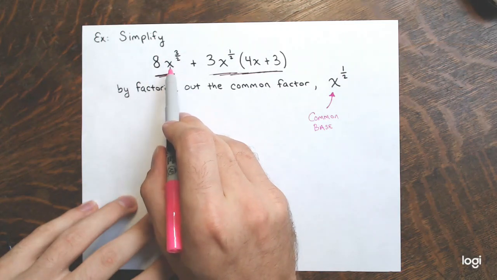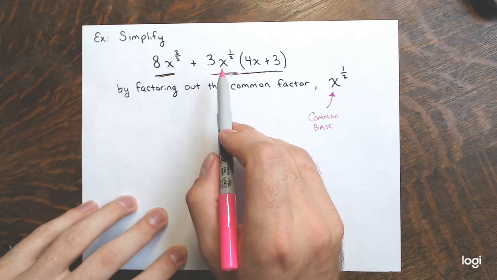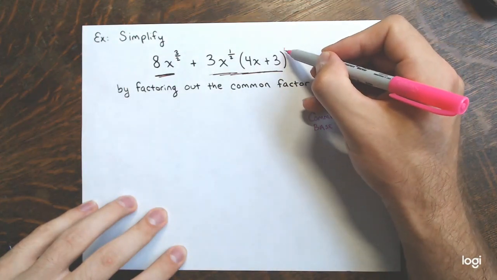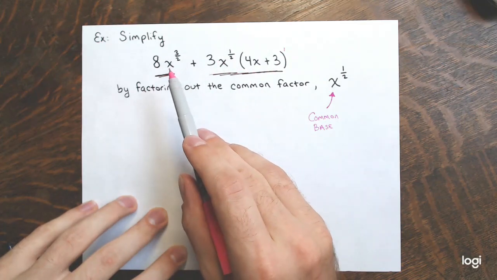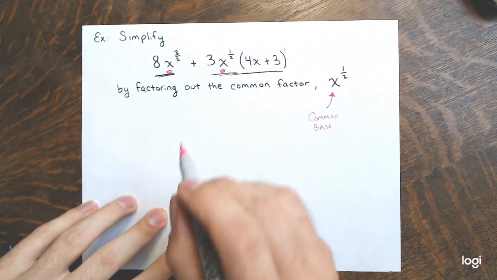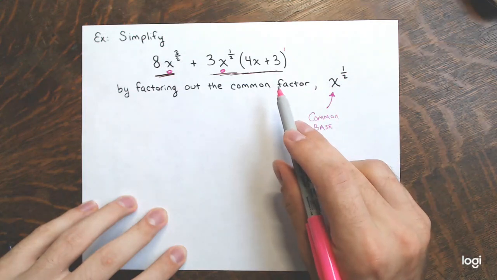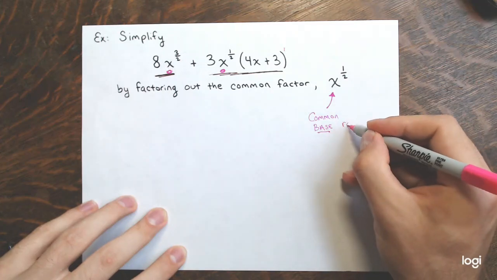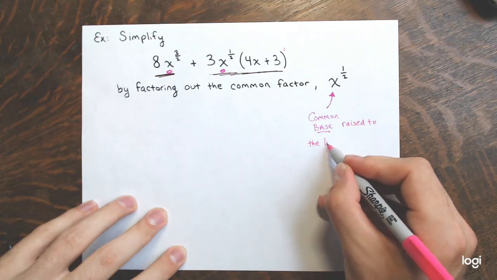This has 3 to the first, x to the half, and then 4x plus 3 to the first, if you want to throw a 1 out there. So it has these bases. The base they have in common is the x. They both have x to some power. So this x to the half is the common factor that I'm going to pull out, the common base raised to the smallest exponent, or to the lowest exponent.